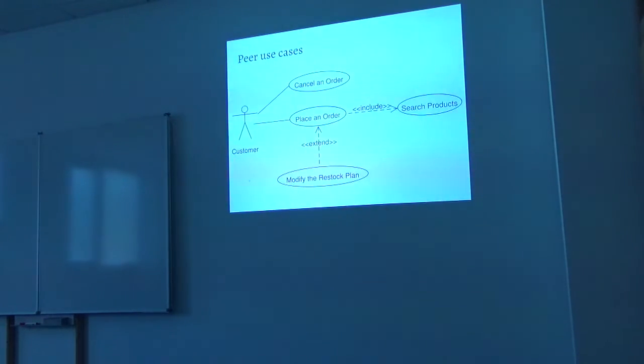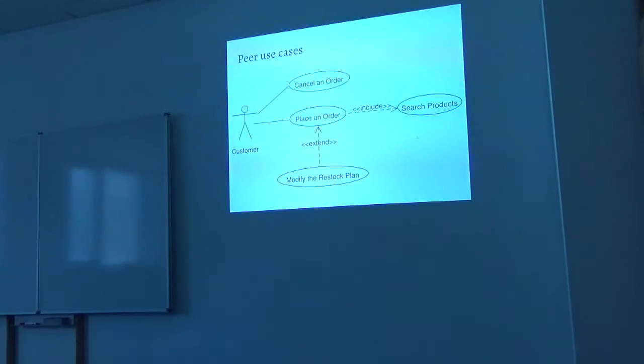Sometimes people call these included use cases, or subordinate use cases, and they really seem to be, like this search products seems to be a lower level use case, particularly if it's not being activated directly on any occasion, but just in the context of some other use cases.